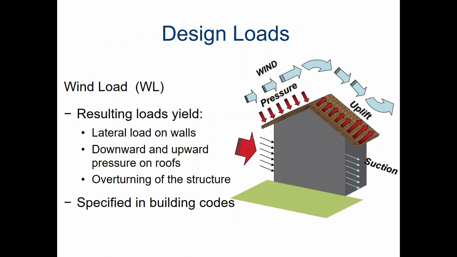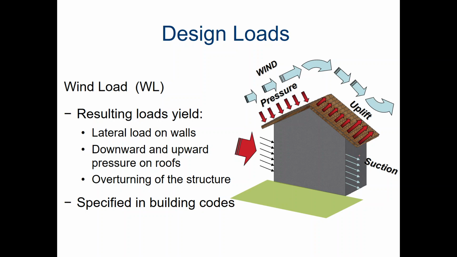Okay, so for your wind loads, notice how there are arrows that go all over the place. If you have ever watched some disaster movies about hurricanes or tornadoes or things like that, you'll notice that the wind doesn't just blow over buildings, but the wind will pull the roof off of buildings and do all kinds of crazy stuff and blow out windows and things like that. And that's because it's not just a uniform push against the side.